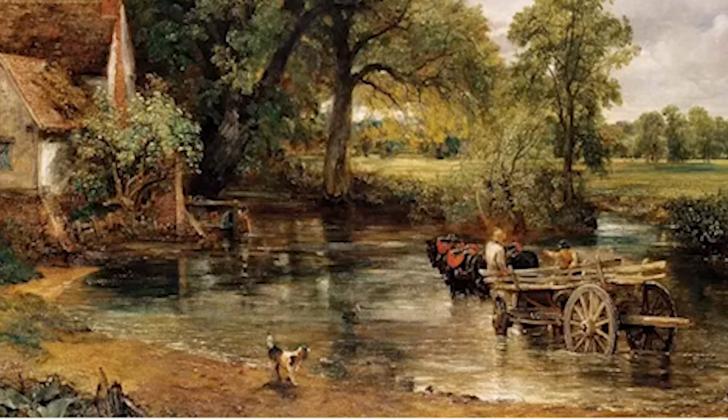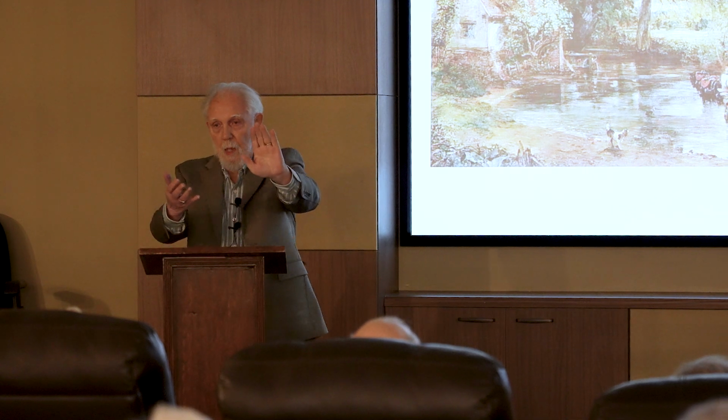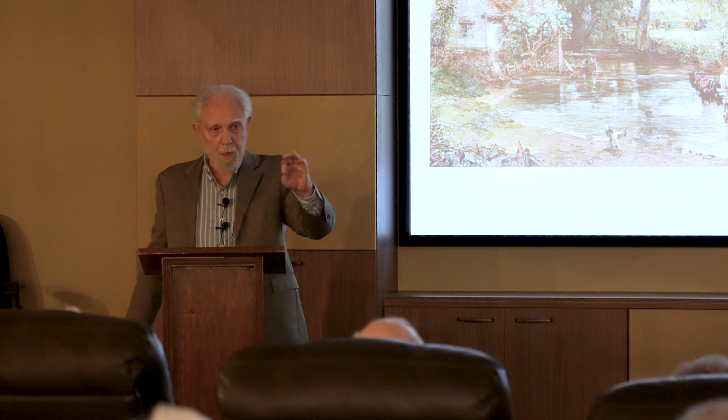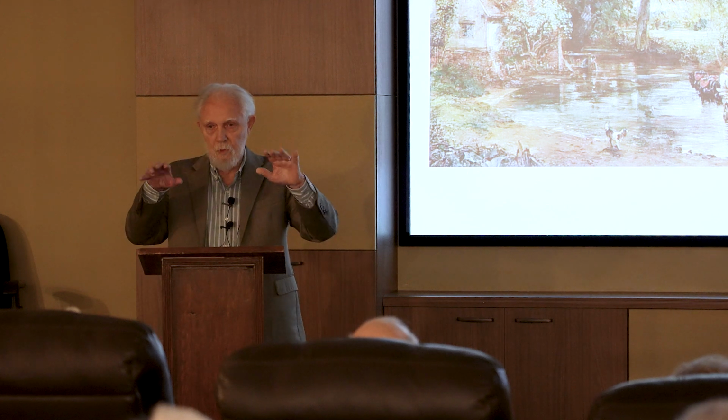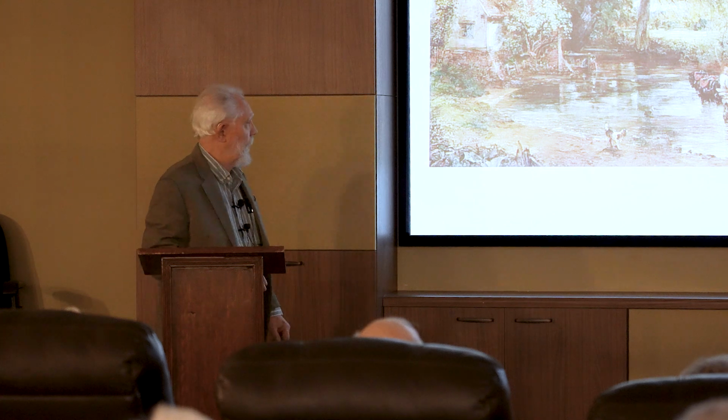You have to get close to a Constable to see this, but there are little dots of white everywhere in the painting. Now, one of the issues with white is white comes towards the eye and black goes away from the eye. By putting those little white dots everywhere, it gives the painting a kind of flickering, lively look about it.